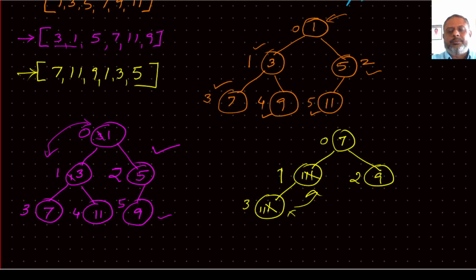So this problem is solved, but 1 as a child and 7 as a parent, again there is a problem. Therefore, there is another swap required. And finally, what we get is a 1 here and a 7 here, and we had a 11 here.